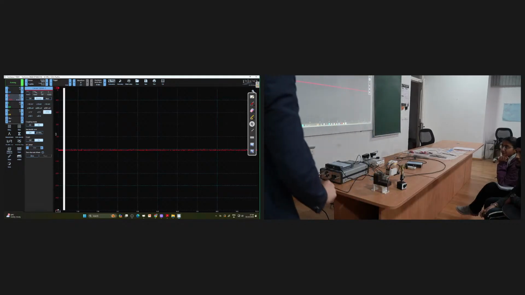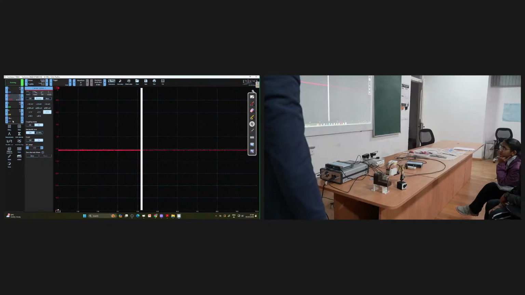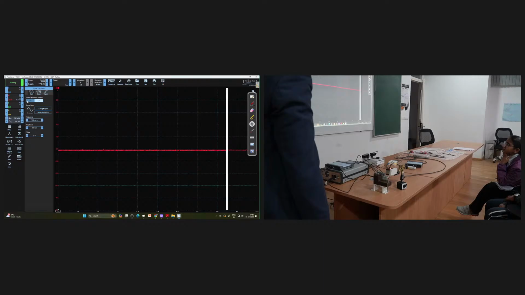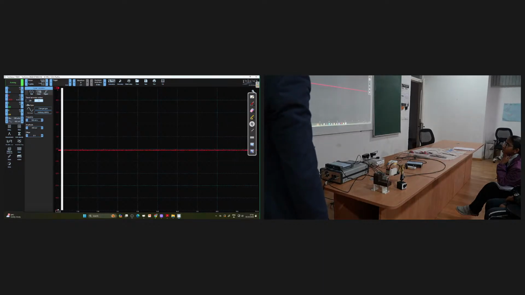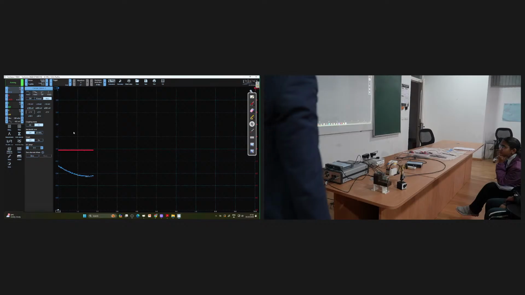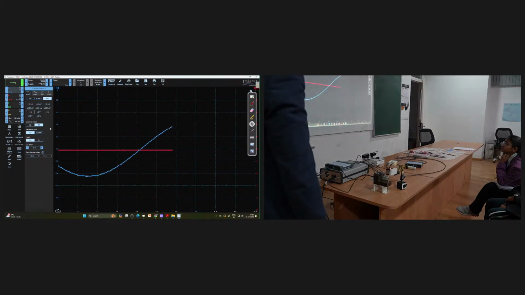So could you please turn on the function generator, which is the last signal? Yep. And could you please turn on channel A? To manual or to auto? Auto is fine. What I prepared is, if you can go back to the function generator, please.